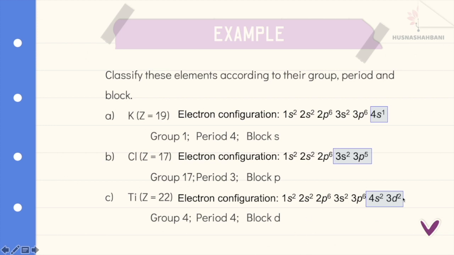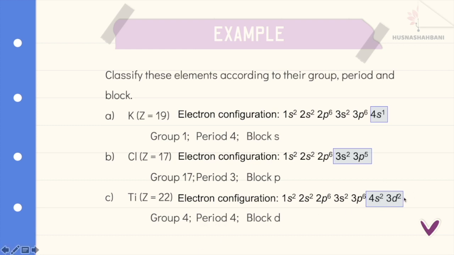So block d. Our highest n for valence electrons is 4, so period 4. We have 2 values of n here, n equal to 3, n equal to 4. If you want to look at the period, look at the highest value of n. So 3 and 4, 4 is higher than 3, so that's why it's in period 4.